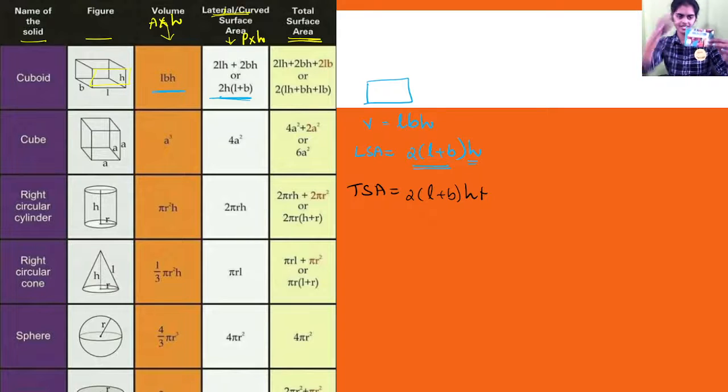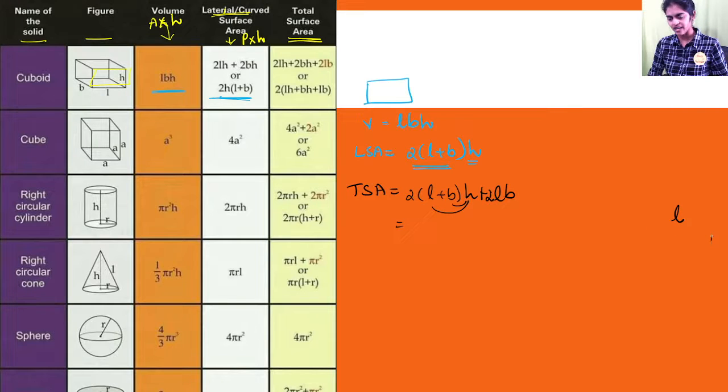Top and bottom are also rectangles, right? So see here, I have LH, BH. What is missing? LB is missing. And how many LBs? Top one LB, bottom one LB. So 2 LB is missing. Understood?